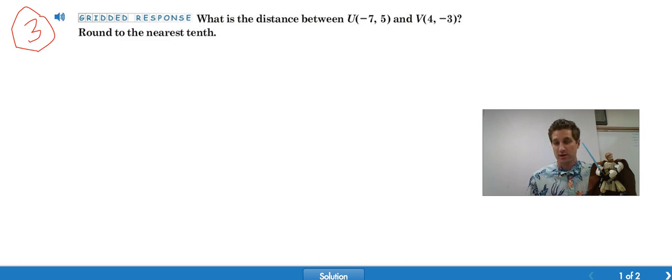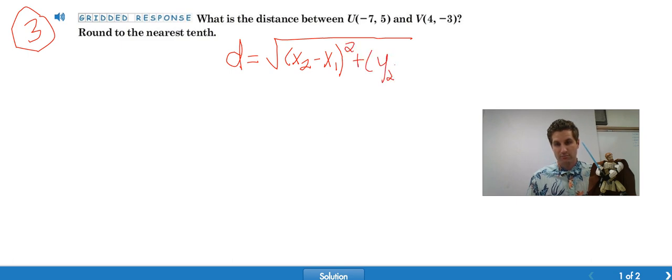So our first objective is to write the formula for the distance, which is d equals the square root of x2 minus x1 squared plus y2 minus y1 squared. Okay, we could write x1 minus x2 and y1 minus y2.